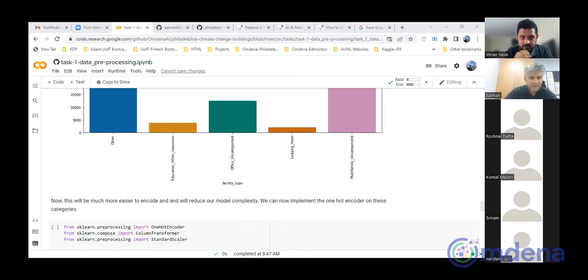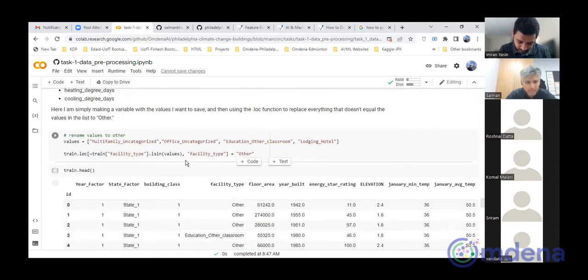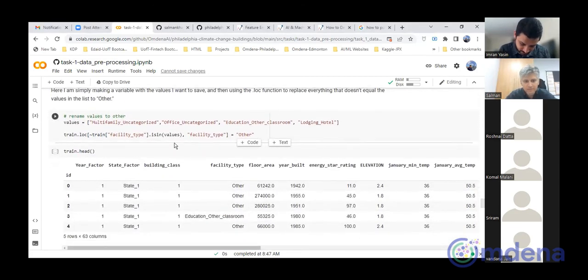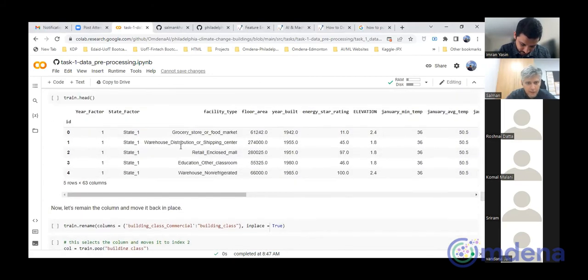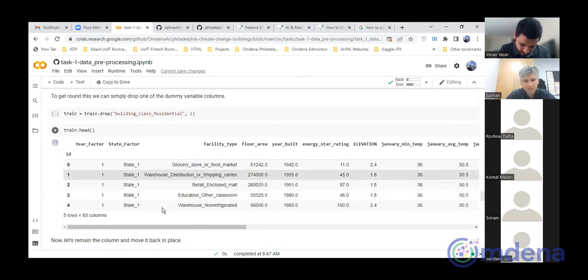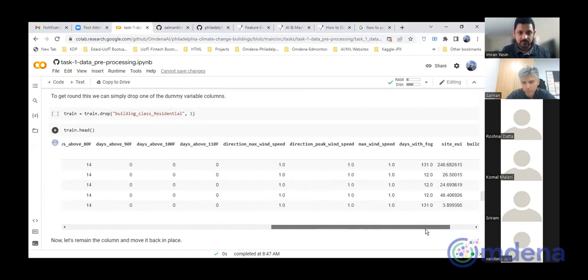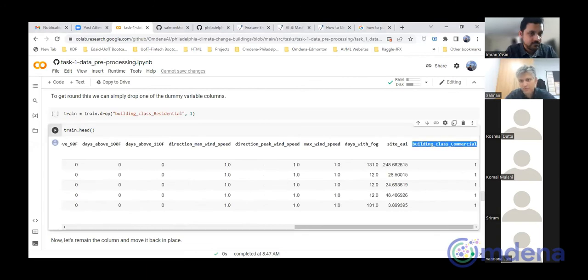In fact, I think we have done it here. For example, over here, we looked at facility type. You see what we did with building class, residential and things like that. If you look at the end of the columns, there's a new column generated, right?